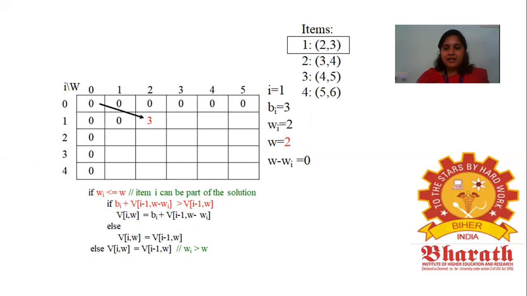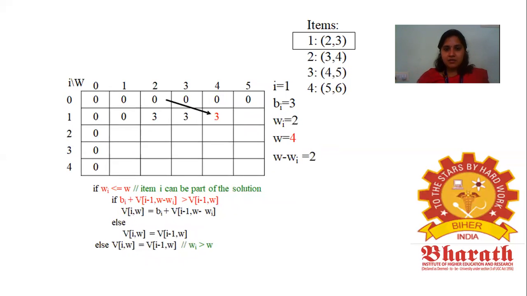So if I take weight 2, I'm in the same object only, i equal to 1. I'm having the same object, but the weight is 2. So in the place of weight 2, what is the profit? The profit is 3. So I will be adding the 3 with the previous diagonal: 0 plus 3 is 3. I'm placing 3 there. Next, again I am checking whether I can place any other object or not.